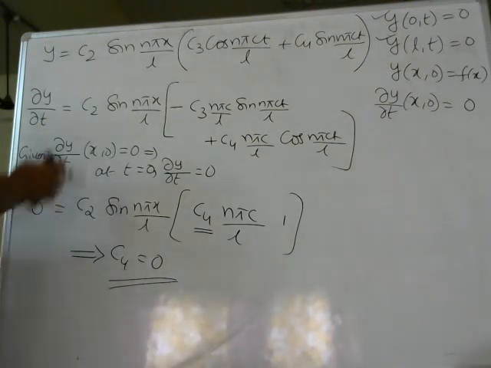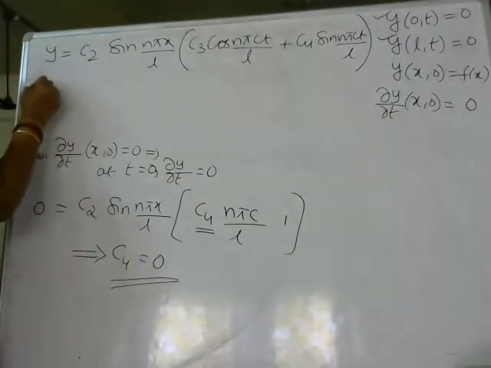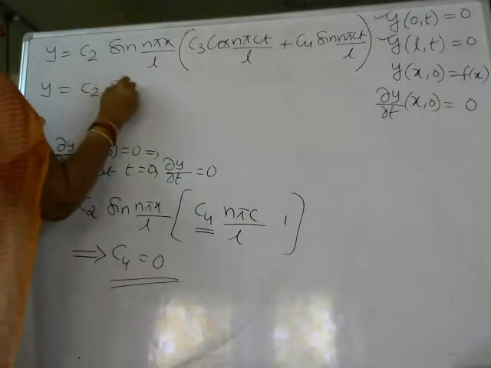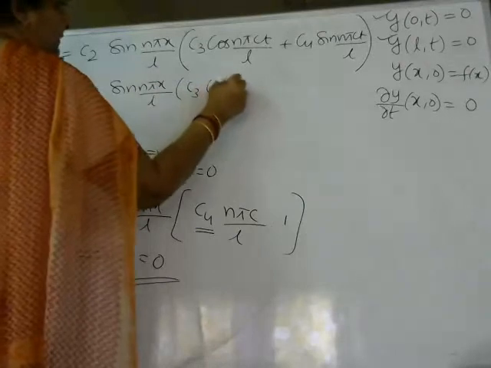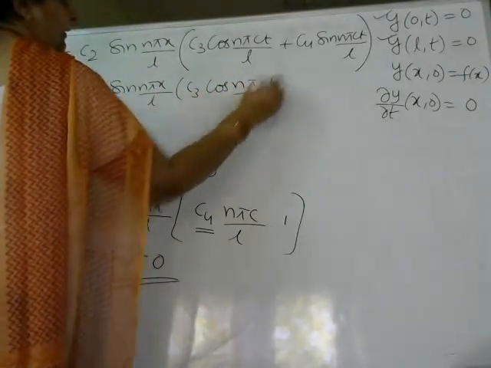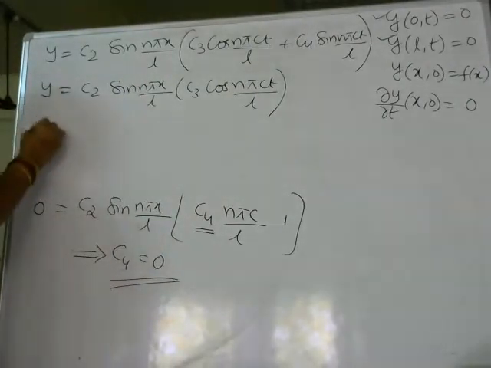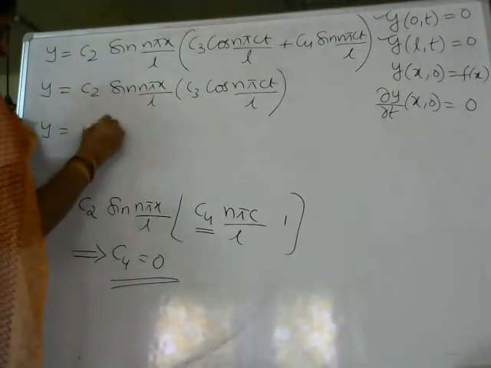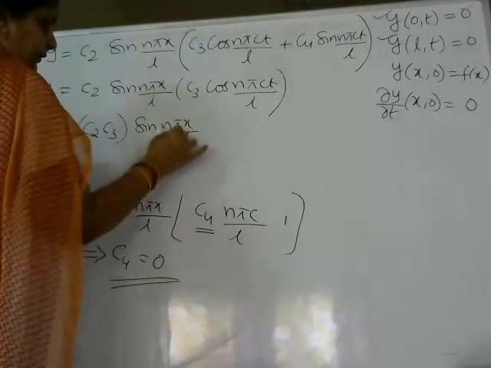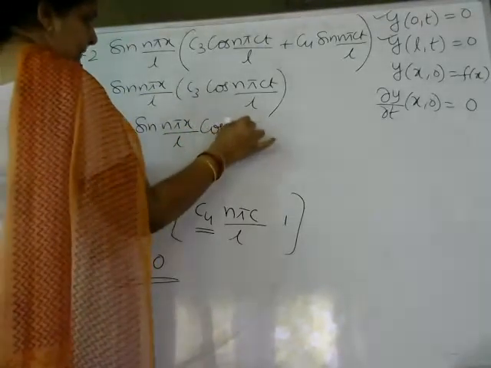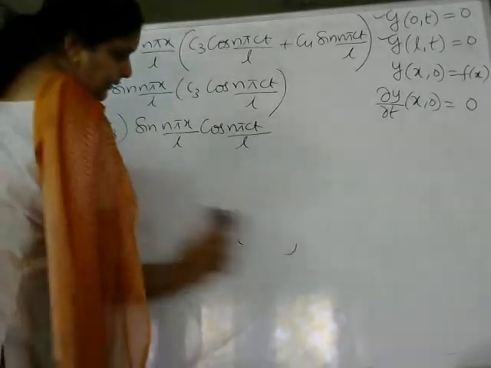Okay, so if we substitute C4 equal to 0 here, how does the value of y reduce? y is equal to C2 sin(nπx/L) into C3 cos(nπCt/L), C4 is 0. So y is equal to C2 C3, constants, sin(nπx/L) cos(nπCt/L). This is the value we got after substituting the third condition, which is a 0 condition.